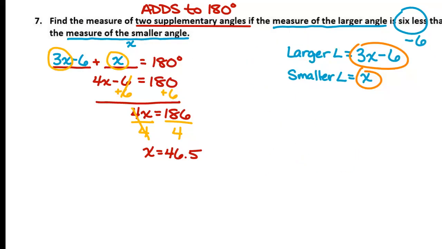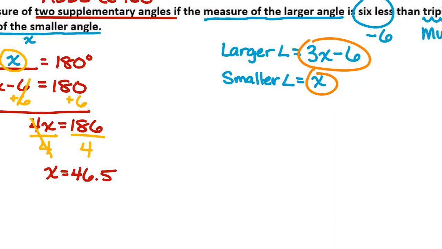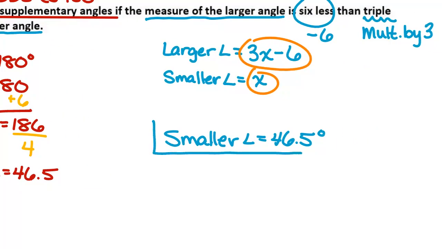What did we just find? The smaller angle. So my smaller angle is 46.5, and we put the units of degrees on the end because it's an answer for an angle. So here's my smaller angle. We still need the larger angle.